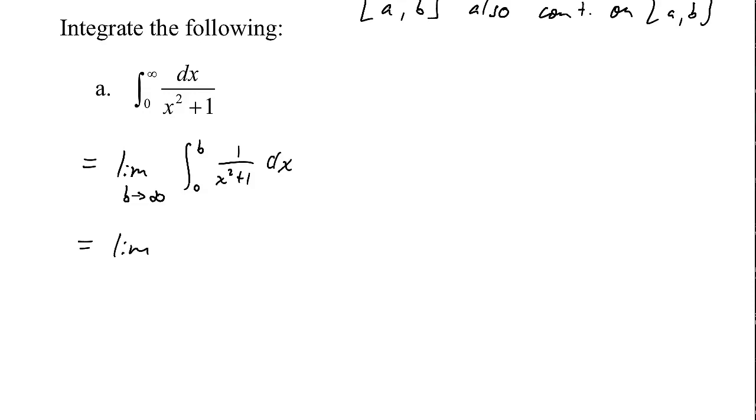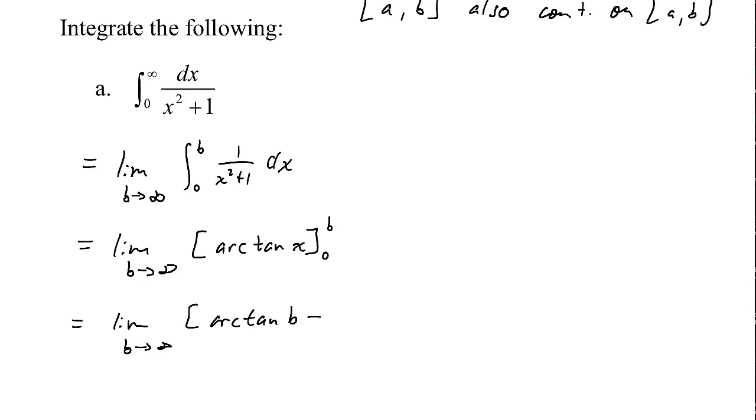So then I can do the limit as b approaches infinity. The antiderivative of 1 over x squared plus 1 is arctangent from 0 to b. And then I can throw in my b, minus arctan of 0. So now you have to remember some unit circle facts and some inverse trig facts.